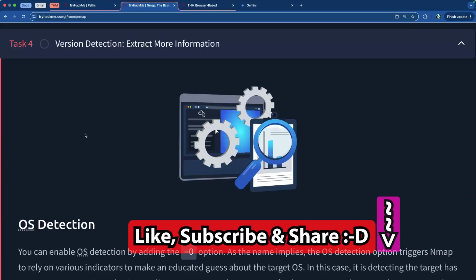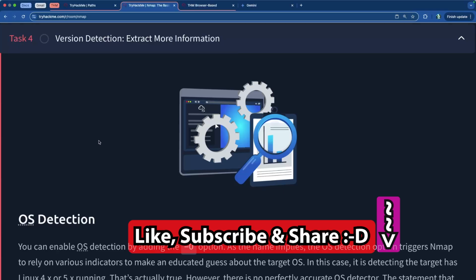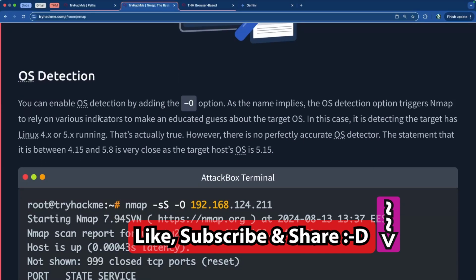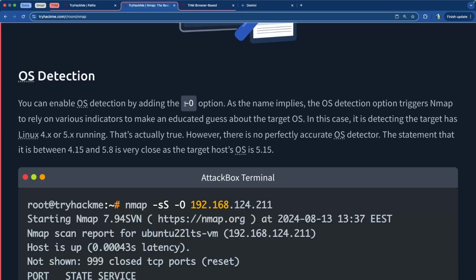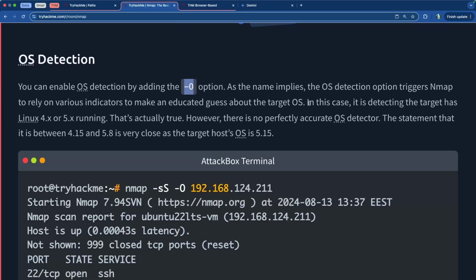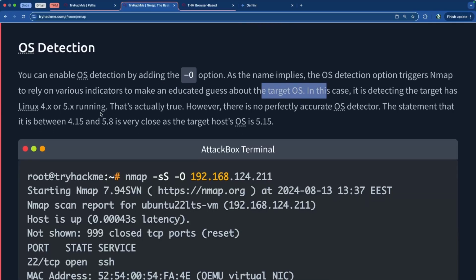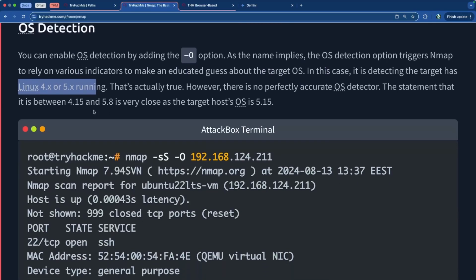With version detection, we can now actually get specific information about each individual port. So for example, if you do the -O option, it'll give you the operating system detection, and then triggers that to get various indicators to make an educated guess about the target operating system. So in this case, it's running Linux 4.x or 5.x.